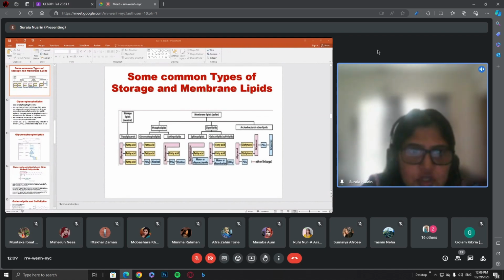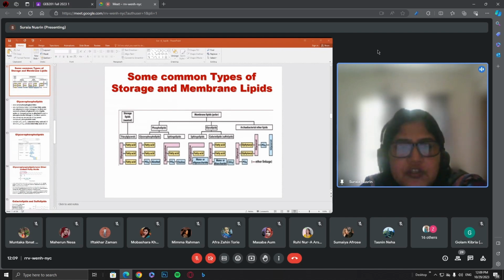Here, if you look at the general formula, you just need to remember the glycerol, which is made up of 3 carbons, and then the glycerol's 2 carbons are linked to 2 fatty acids, and the third one is linked to a phosphate group, and then the phosphate group is linked to a polar head group.